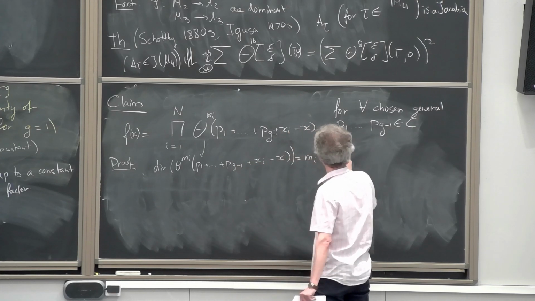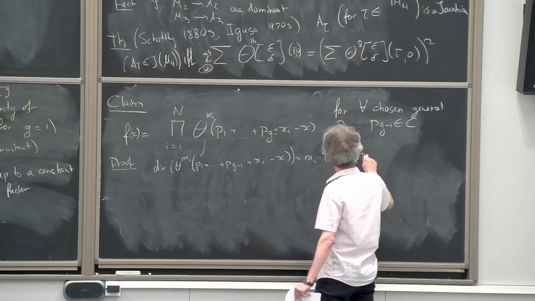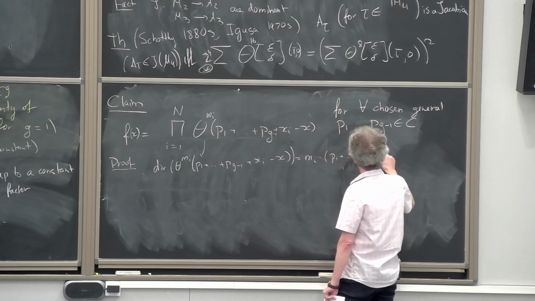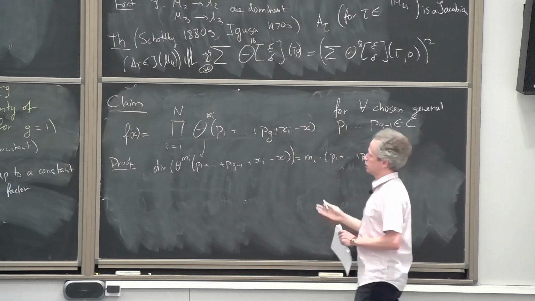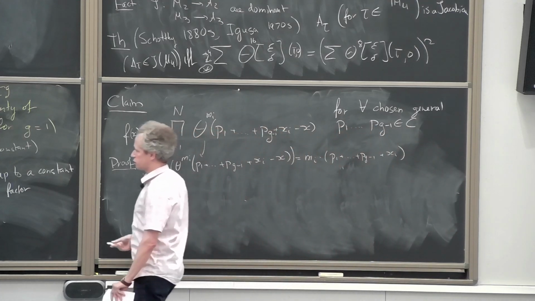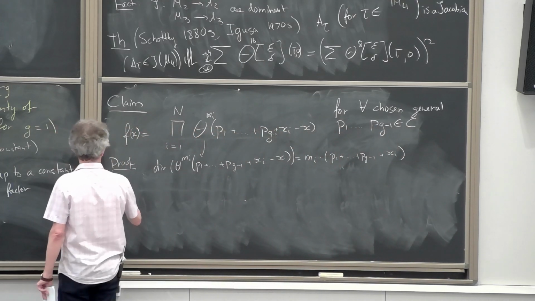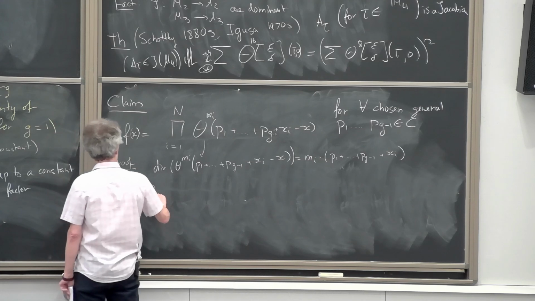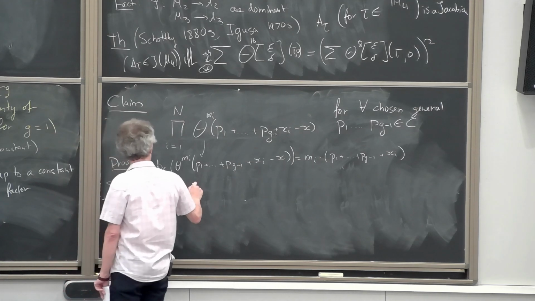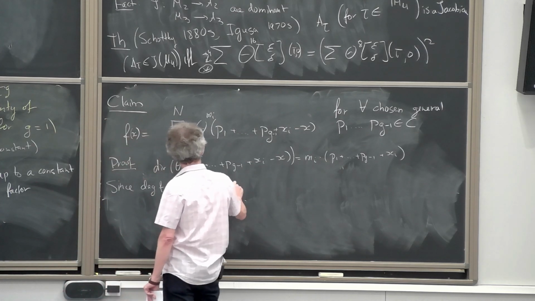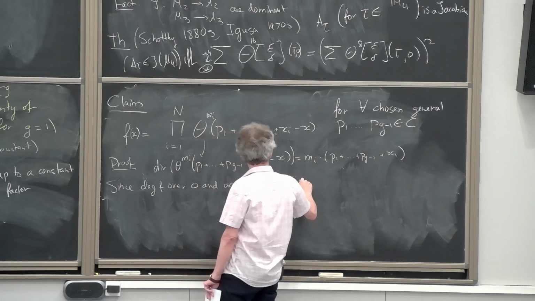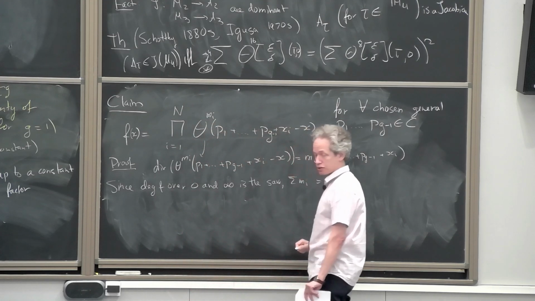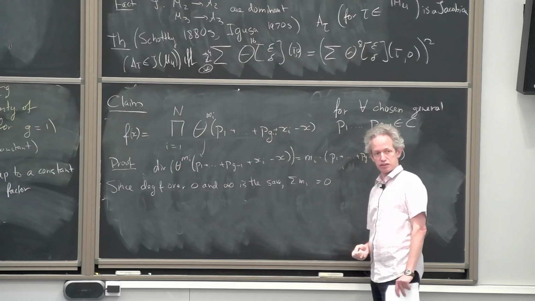So it's just p1 plus dot dot dot plus p_{g-1} plus xi, right? But then this is a divisor of a function. So notice, since the degree of f over 0 and infinity is the same, the sum of mi is just 0, right? That's what I said before, that the divisor of any function has degree 0.